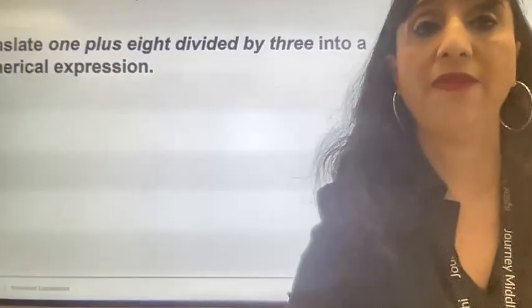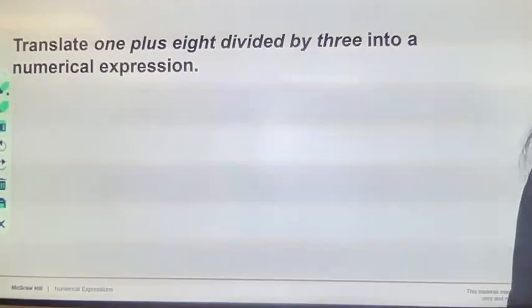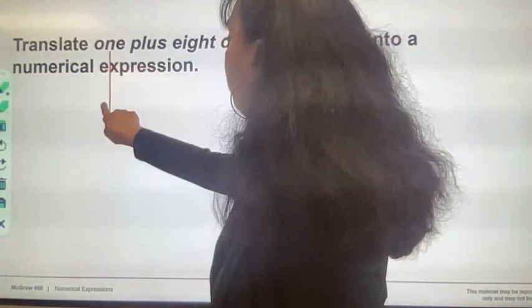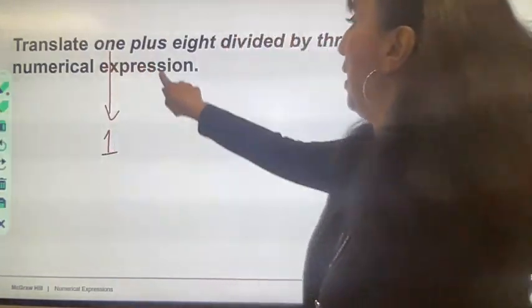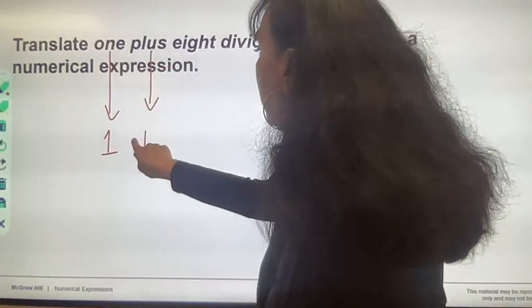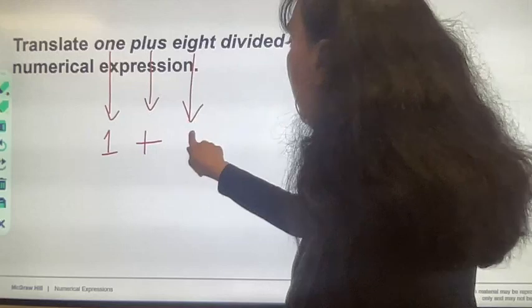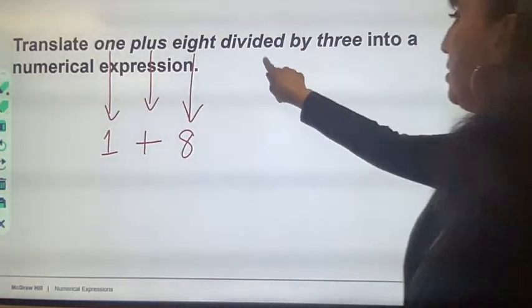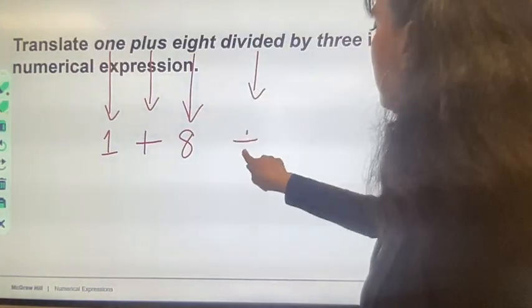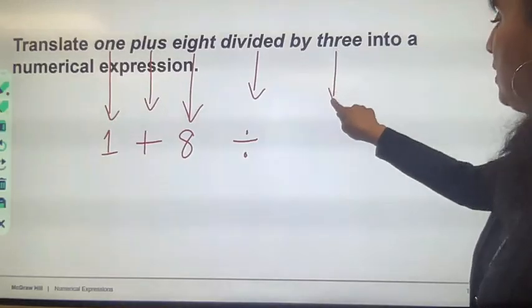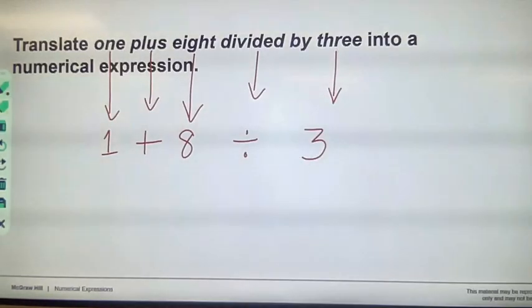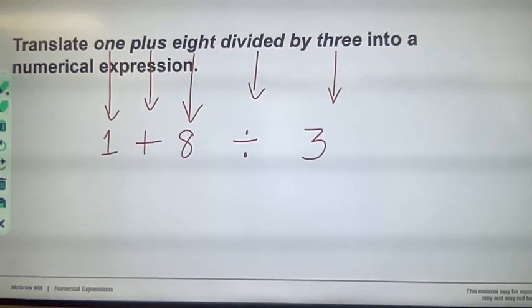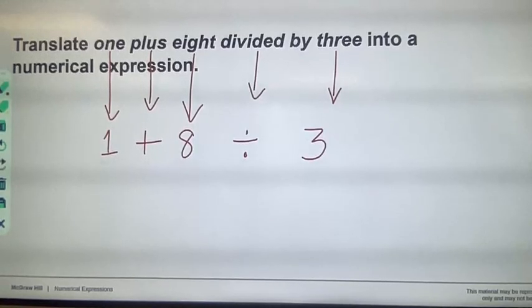So if I have this given to me, I'm just going to look at, okay, I have this one, I have plus, I have 8, and then divided by 3. Okay, so 1 plus 8 divided by 3, and that is the translation.